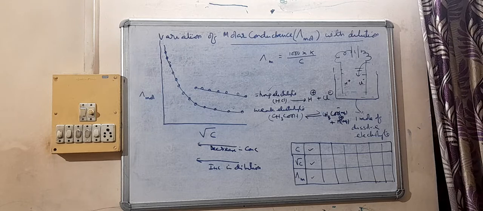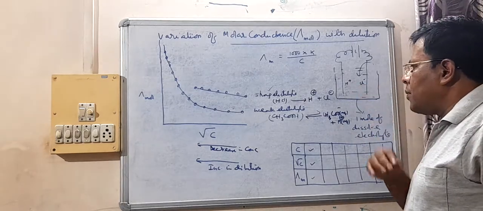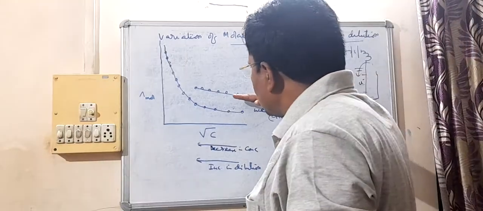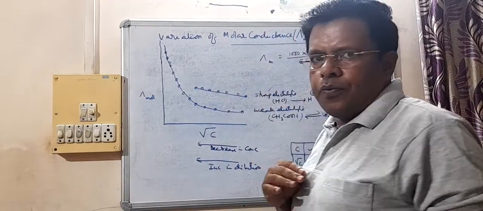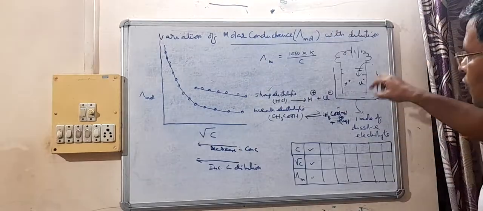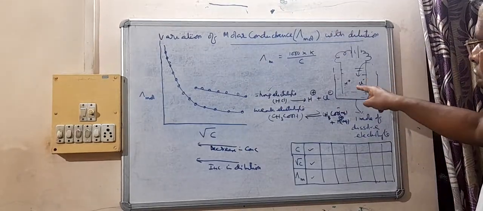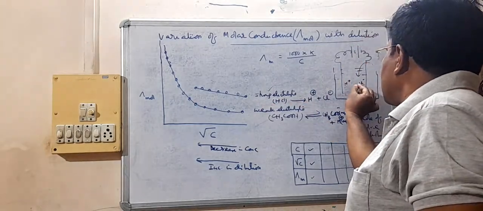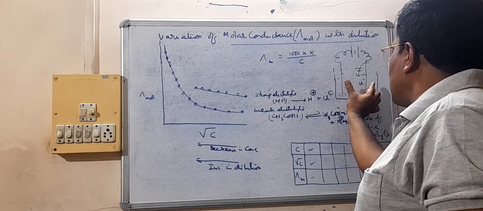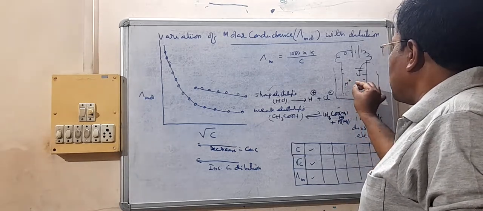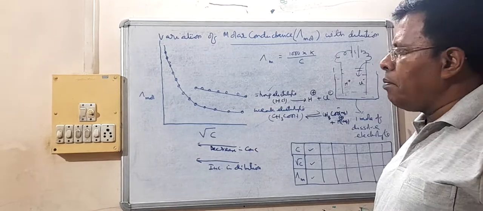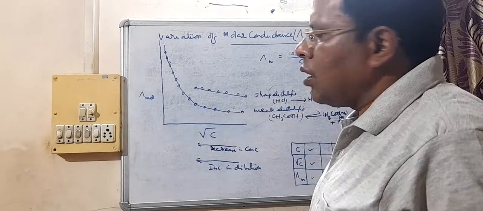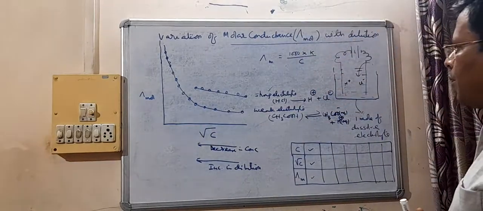These ions will be free to move better, and as a result there is an increase in the molar conductance value. So the reason for the increase in molar conductance value in the case of a strong electrolyte is the increase in the distance between the oppositely charged ions, and due to that the ions can move better. So this is the graph that has been explained.